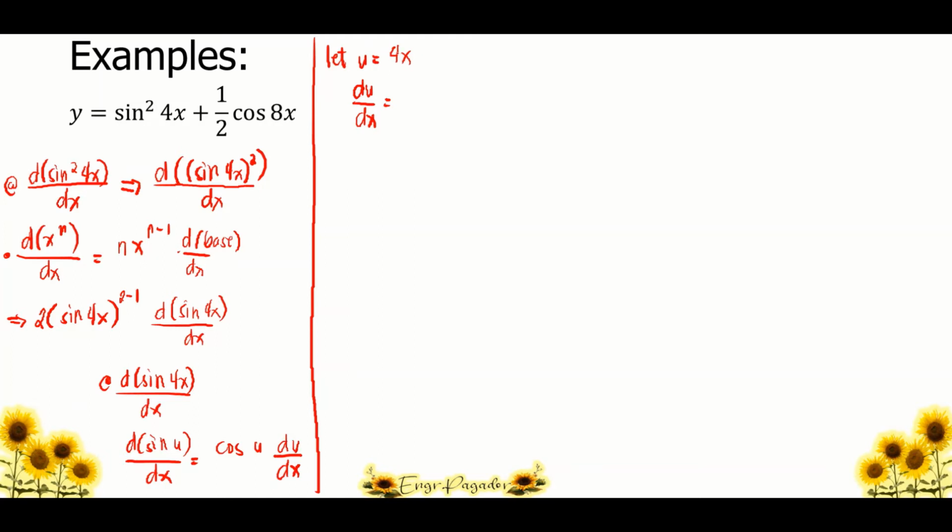The derivative of 4x with respect to x is equal to 4. Now, we can substitute these values dito sa ating formula. So, the derivative of sine 4x with respect to x is equal to cosine 4x multiplied by 4. Simplifying further, we will have 4 cosine 4x.